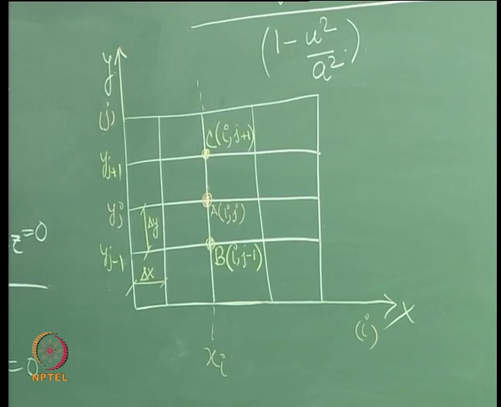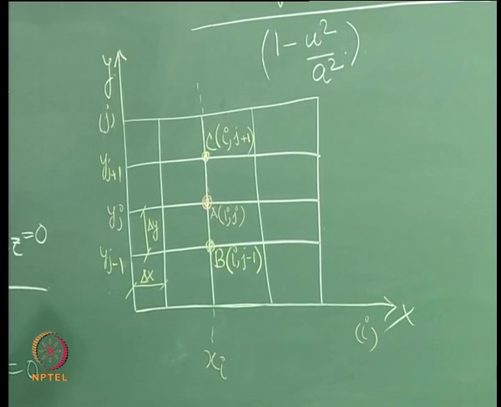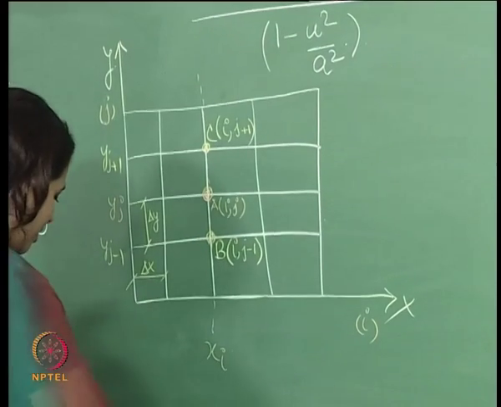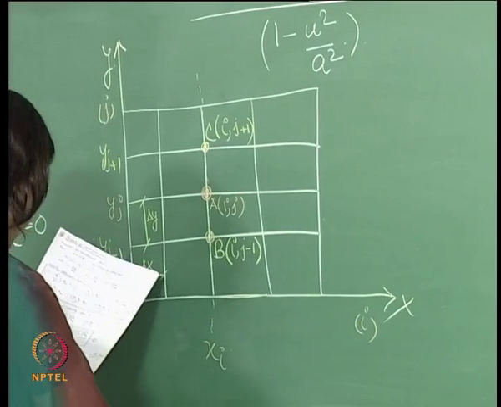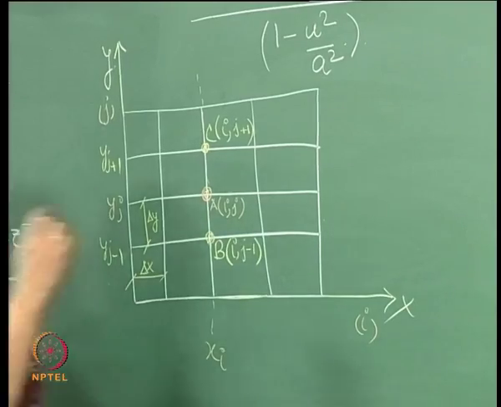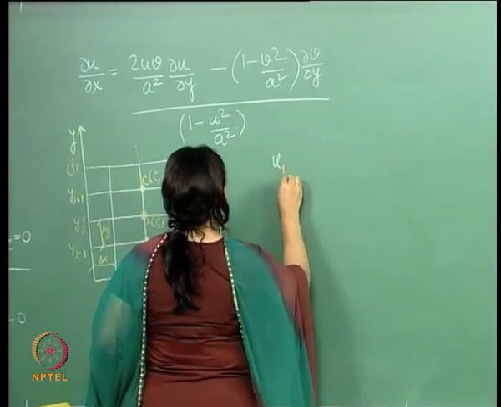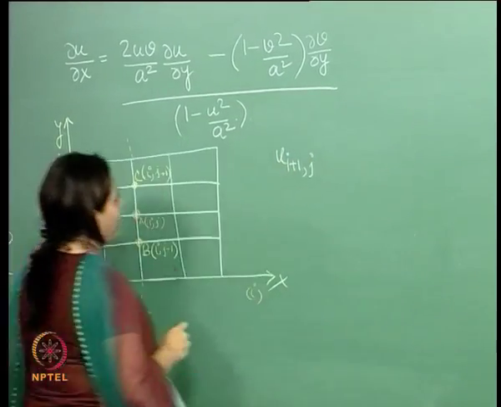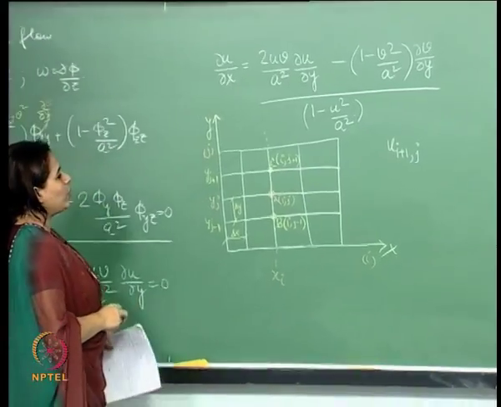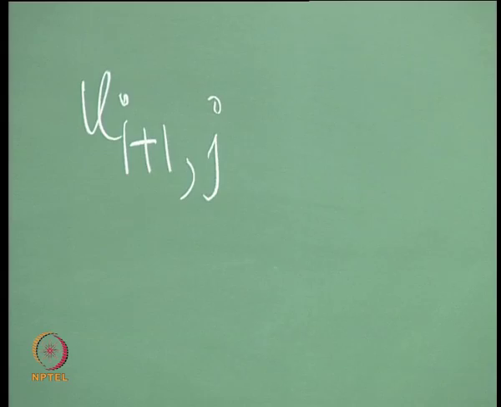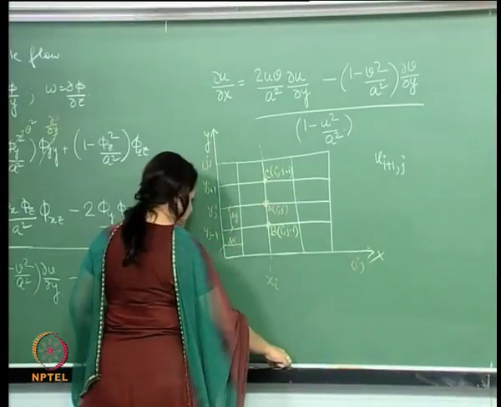Now say we need to calculate u I plus 1 j, which is this point.